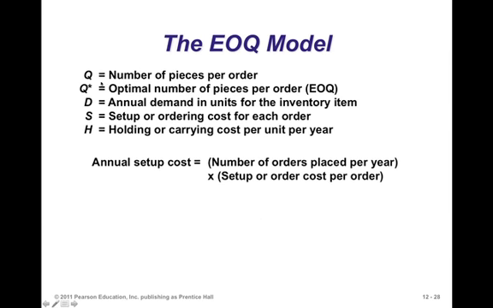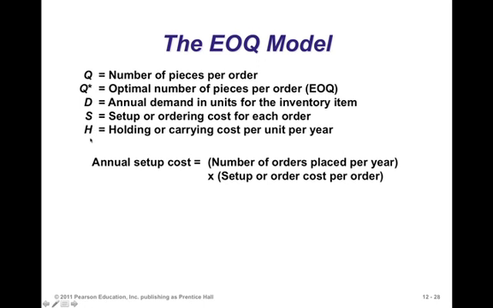So if we decide Q is the number of pieces that we need to order, the number of items, Q star is the optimal value. So we let D be the annual units, the demand, S be the setup or ordering cost, and H be the holding cost per unit for a year. So let's say it's going to cost us $2 per year to hold this item. Or sometimes we may express the holding cost in terms of the interest rate.